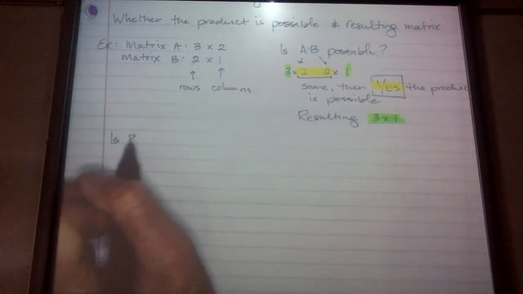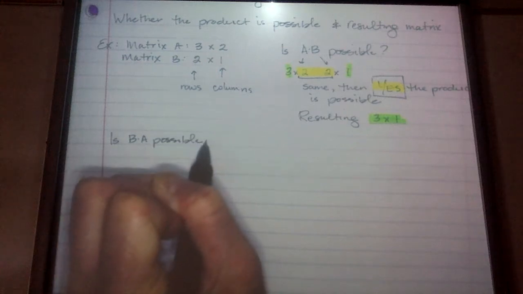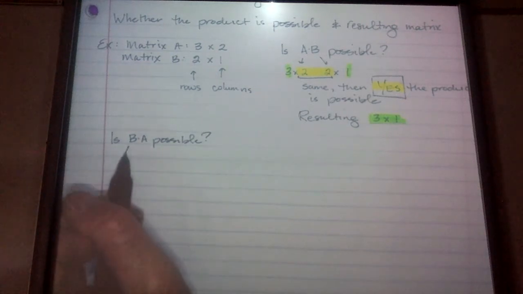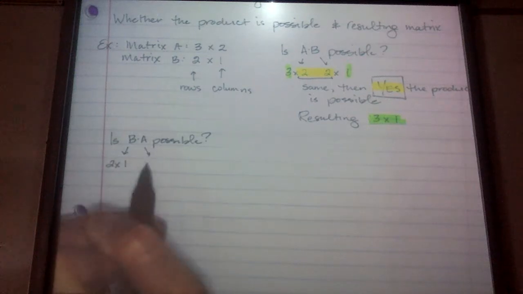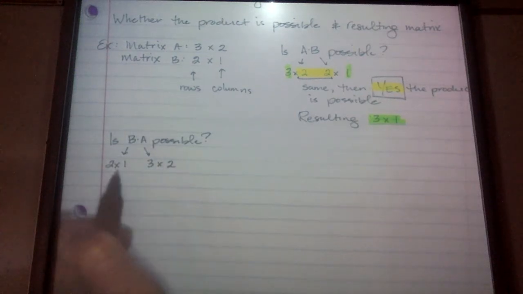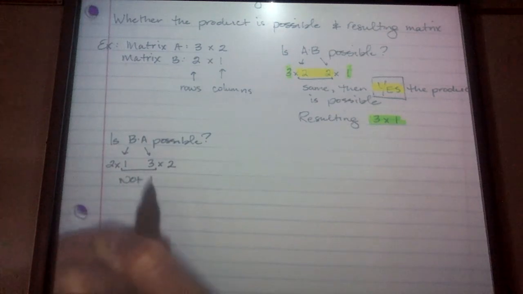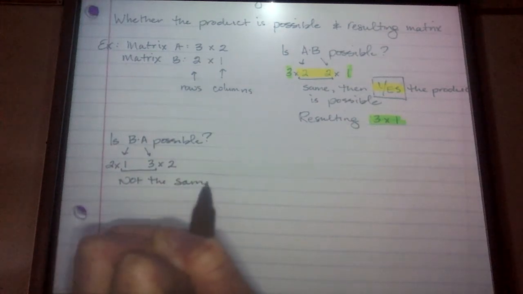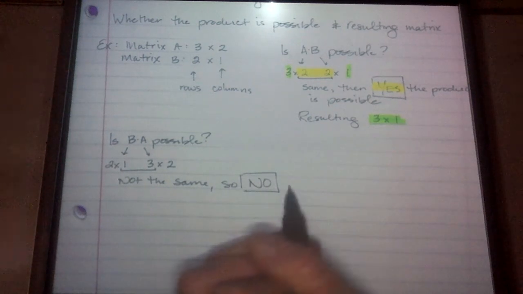Is B times A possible? Well, if I write B first, I have a 2 by 1, and A is a 3 by 2. These numbers here are not the same, so no, the product is not possible.